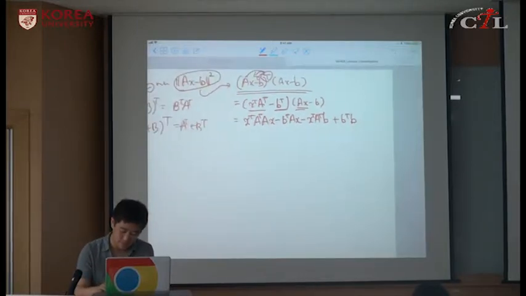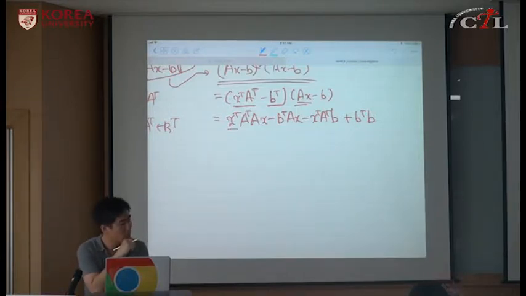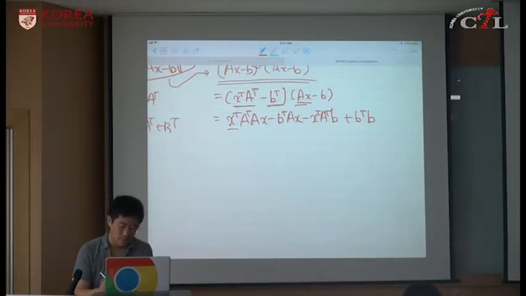Okay, so let's think of the partial derivative. x is our vector, and we want to compute the derivative with respect to each of our individual variables.